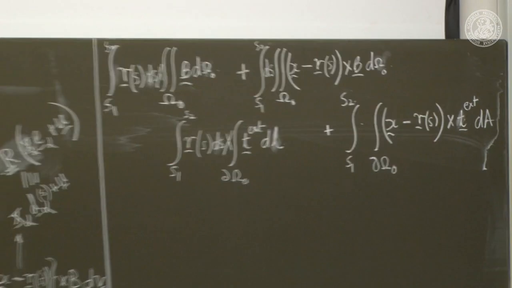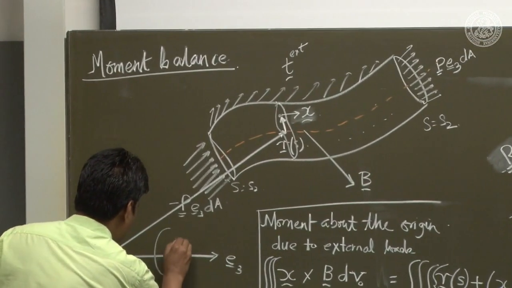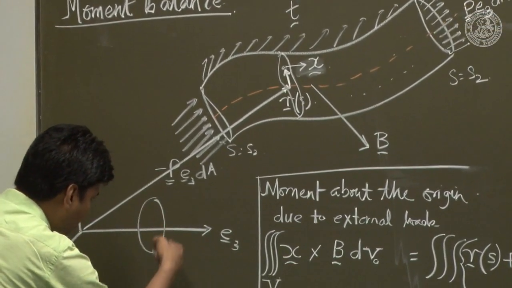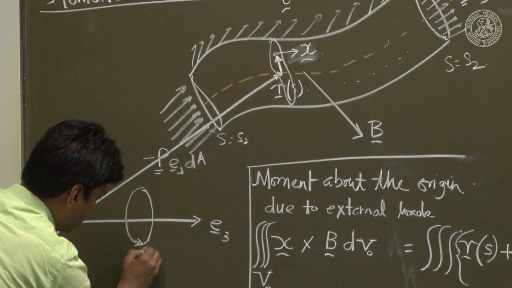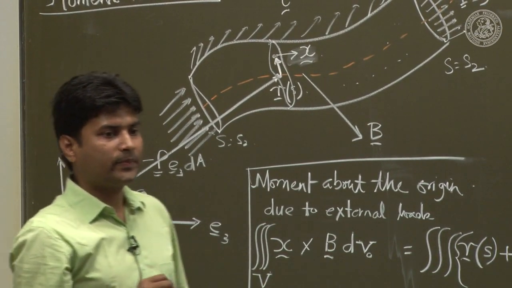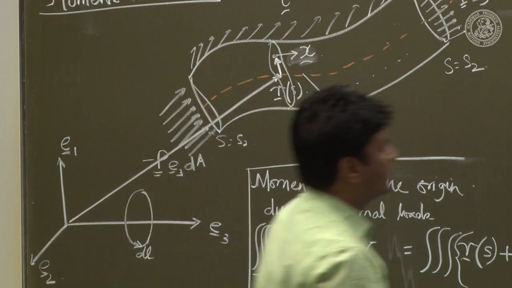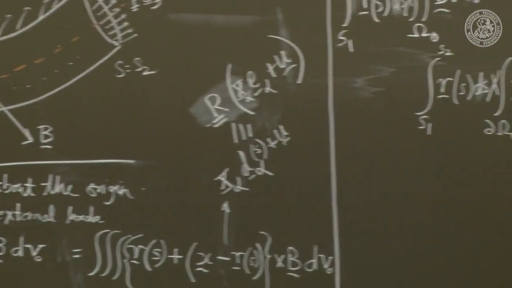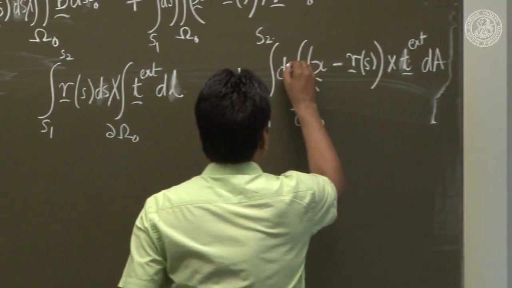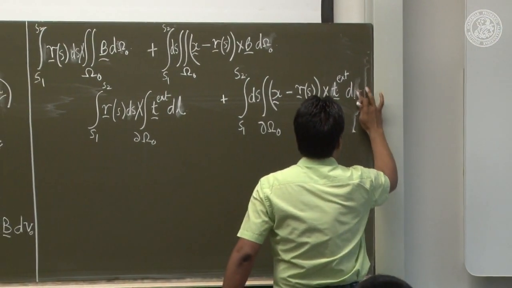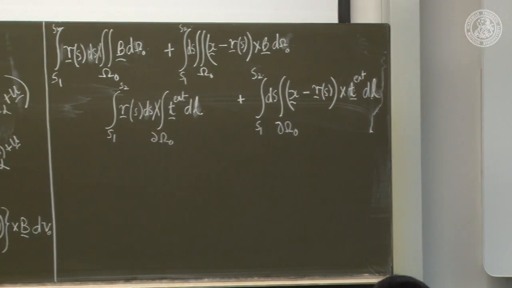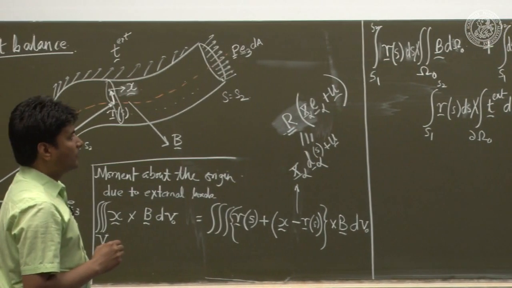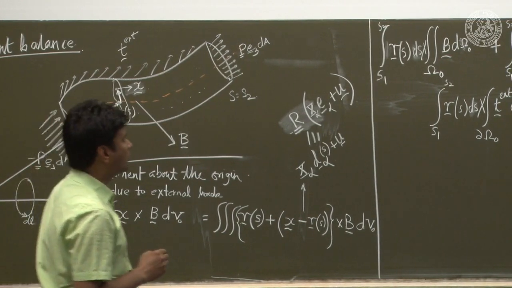So you had the cross section over here, and you are just integrating over the boundary of the cross section. So that's your dl. And then you can do the same thing over here, ds dl.